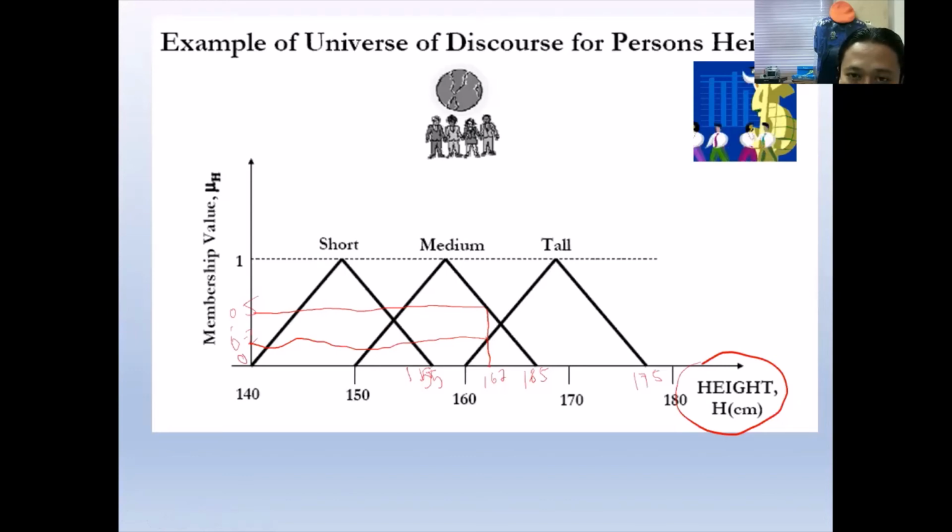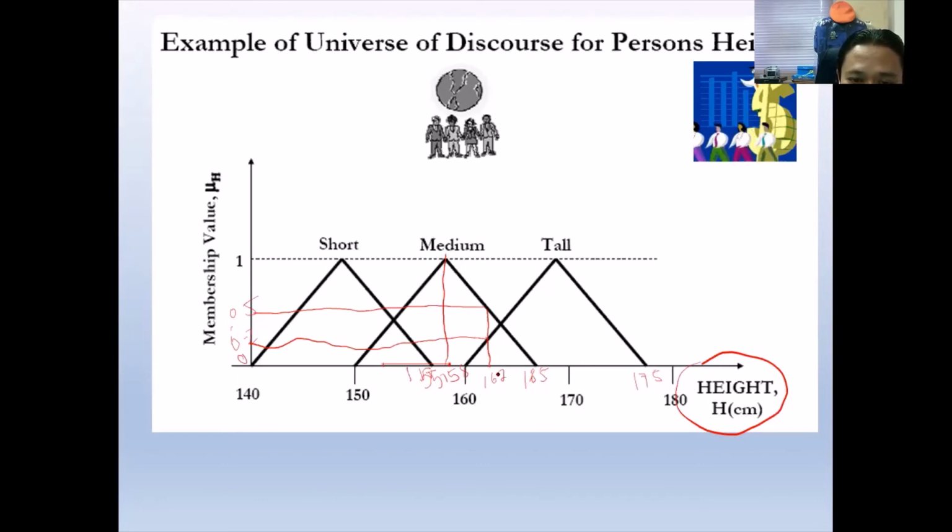This is how we set the range, based on your observation, for example maybe for Asia. If you put a point here, for example 158, automatically it will be medium, with full membership on the medium part.